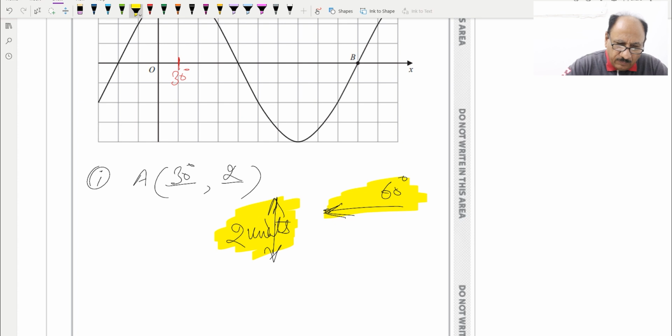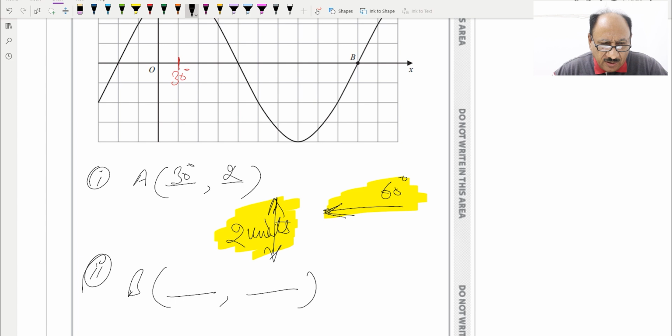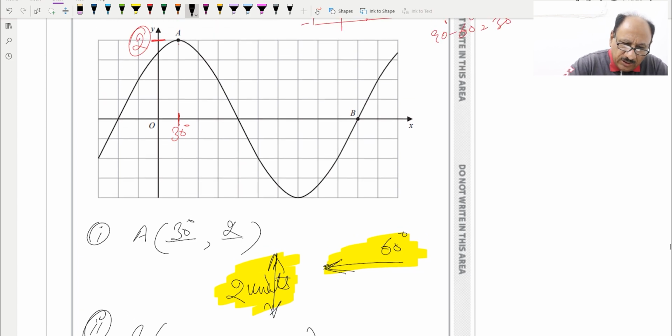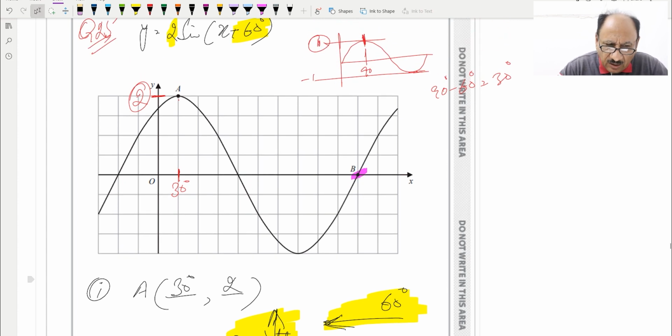And the second part we can go through is find the coordinates of the point B. So coordinates of point B are also required, and if we see B point is over here, this is B point. And again normal standard graph is what? Standard graph is having basically this one, normally it is having this one as 0, this one is 180, and this one is 360.